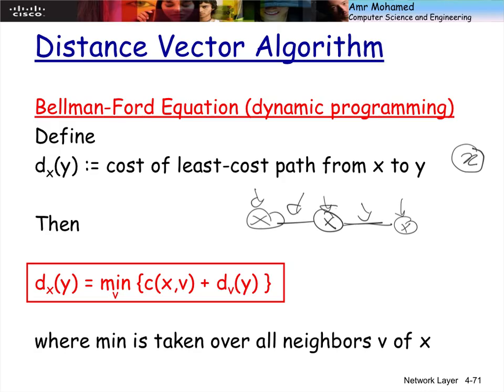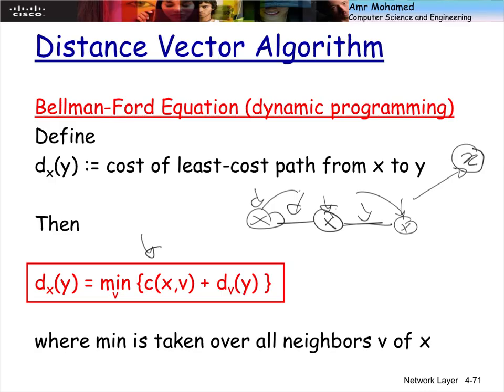So this router has to rely on the distances that it receives from neighboring routers in order to apply the Bellman-Ford equation to know the total distance to X, okay? The equation itself is very easy, and it has to be applied in a decentralized way.